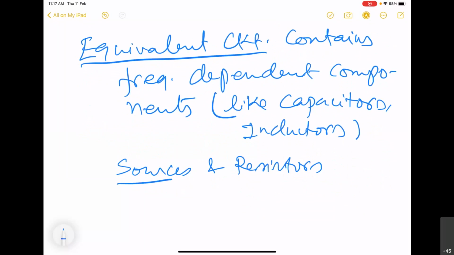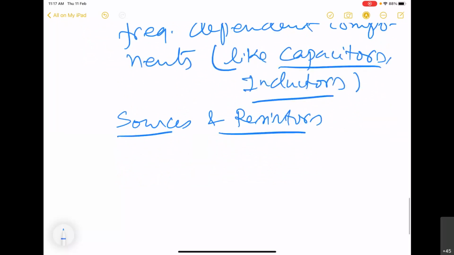So we know that behavior of these two components, they were independent of frequency, and that is why the voltage gain expression that we obtained were independent of frequency. So now if the circuit contains capacitors or inductors, then we know that their corresponding impedances, say for capacitor, this is going to be 1 by j omega c, and for inductor, that is going to be j omega l.